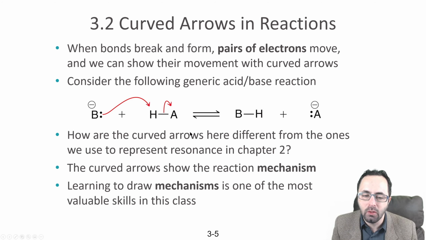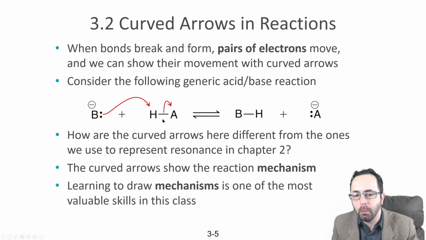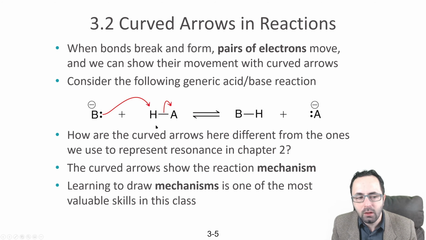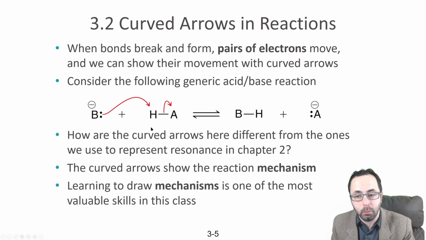Mechanisms are step-by-step descriptions of organic chemical reactions that show exactly the order in which and the way in which bonds are broken and bonds are formed in a chemical reaction. In the past, in general chemistry, we were mostly interested in what the reactants and products are.